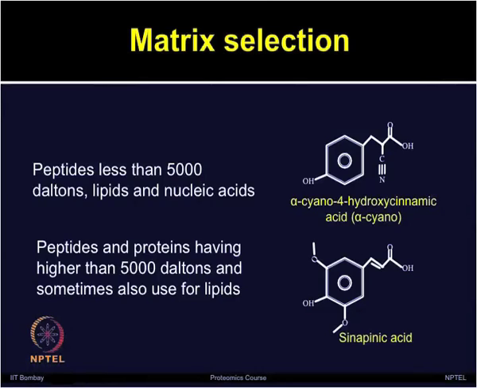When you have peptides less than 5000 Daltons or lipids and nucleic acid, one can use this matrix. One can also use sinapinic acid if peptides and proteins have more than 5000 Daltons, and it can also sometimes be used for lipids.